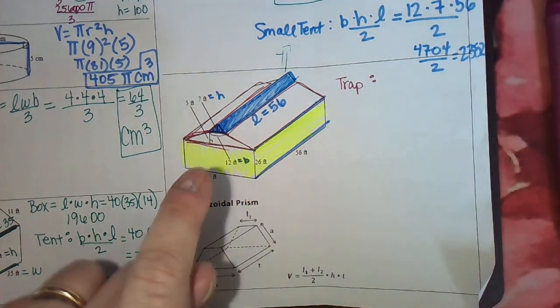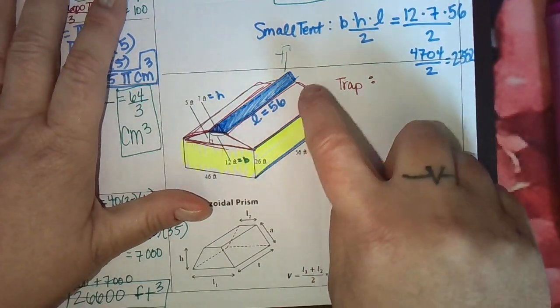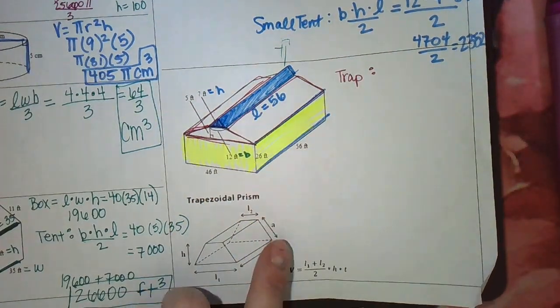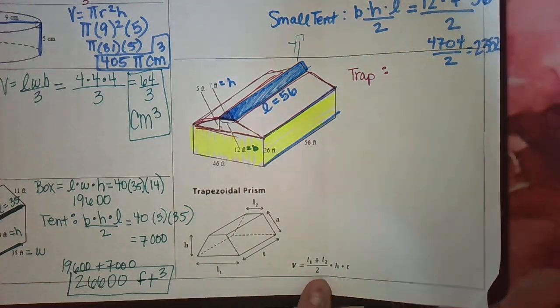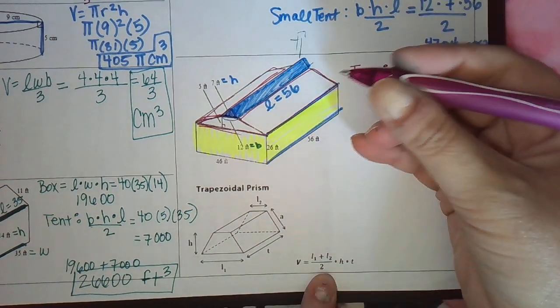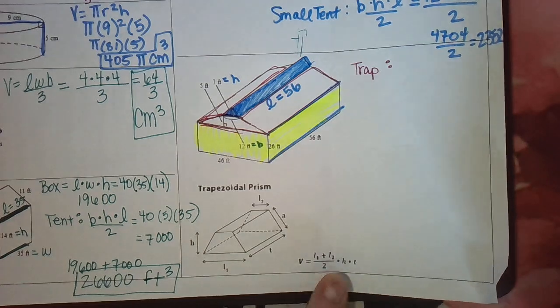That trapezoidal prism is what's in between those two. It's this white piece right here. Okay, and that white piece has an extra formula down here, and it says L1 plus L2. Well, golly, we have to figure out what those are.